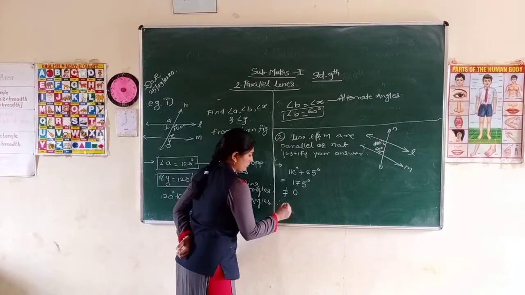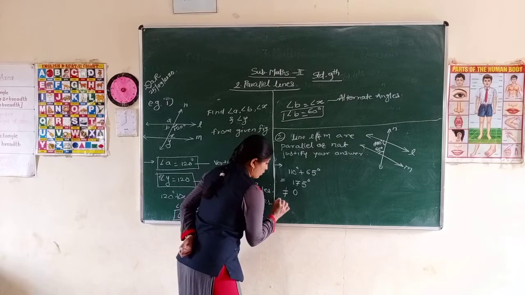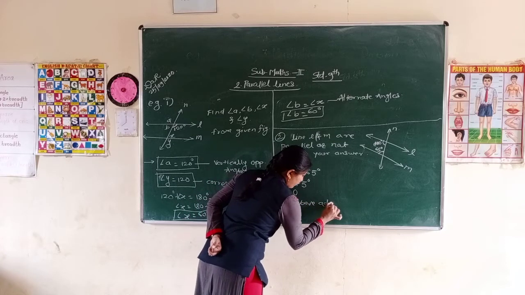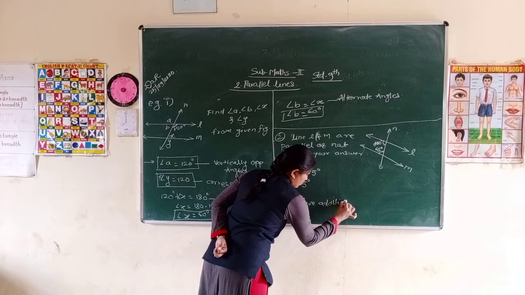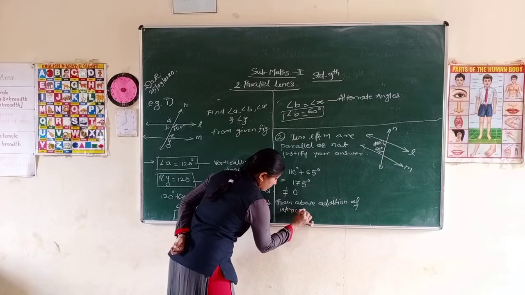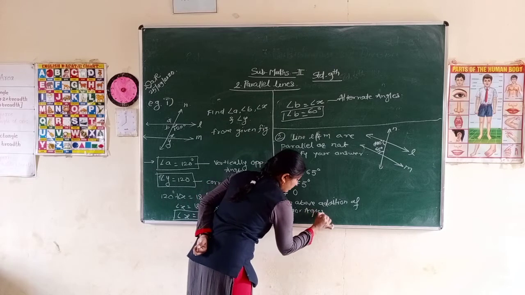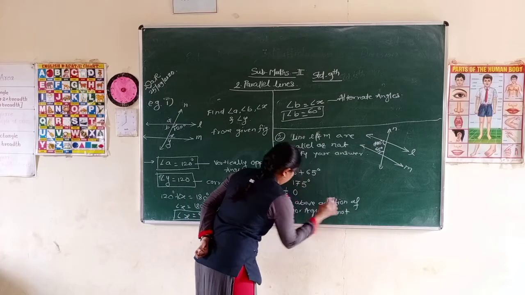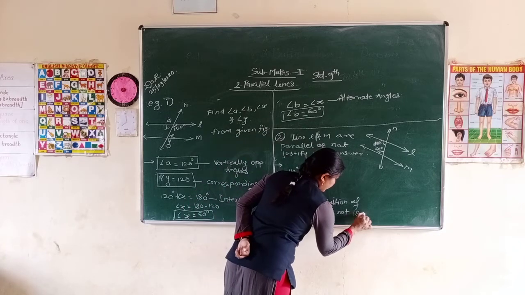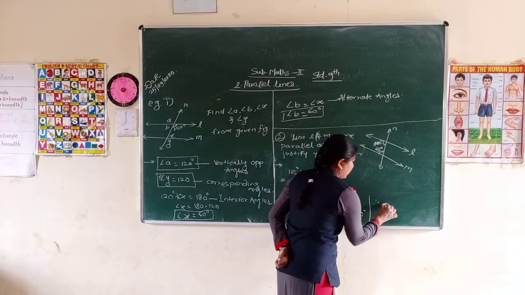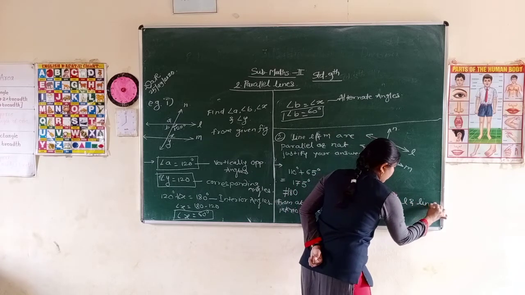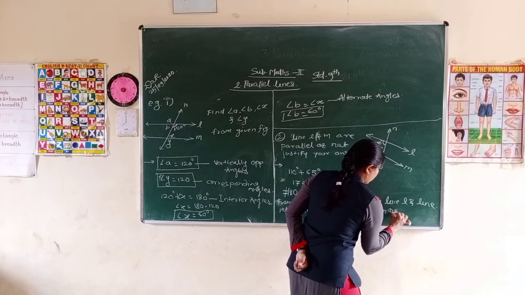Therefore, from above, the addition of interior angles is not 180. Therefore, L and M are not parallel.